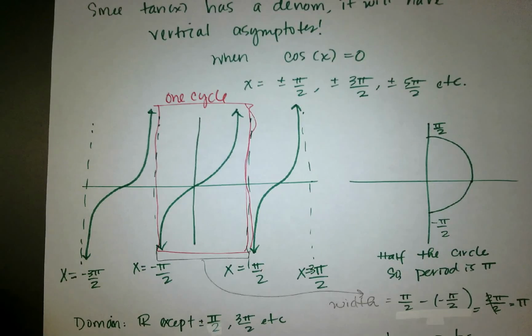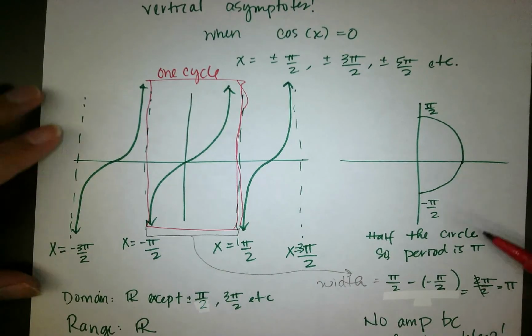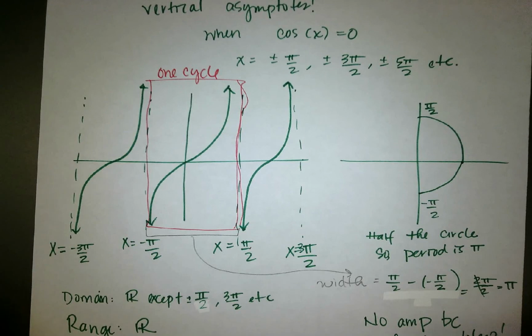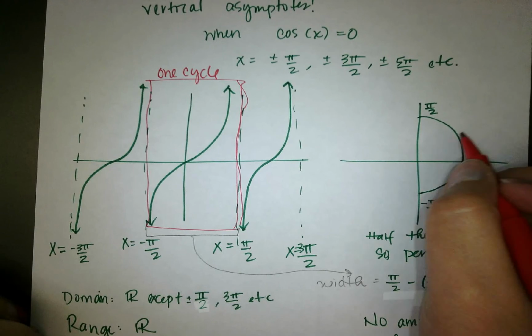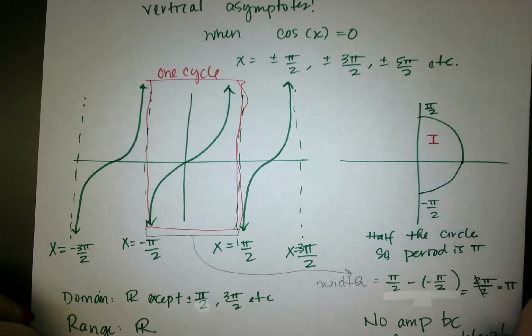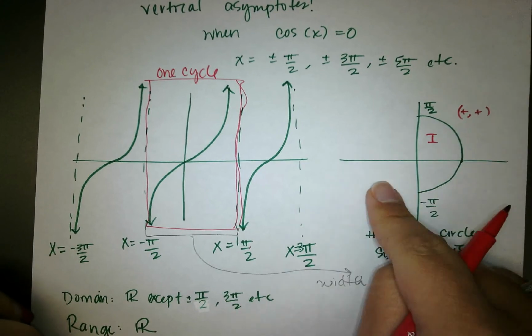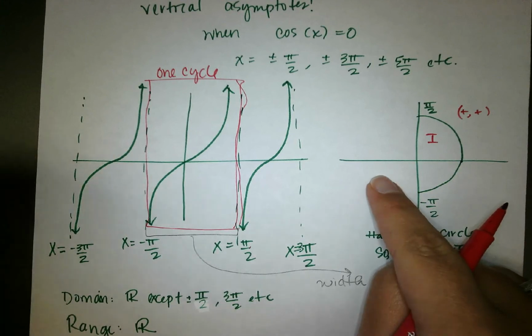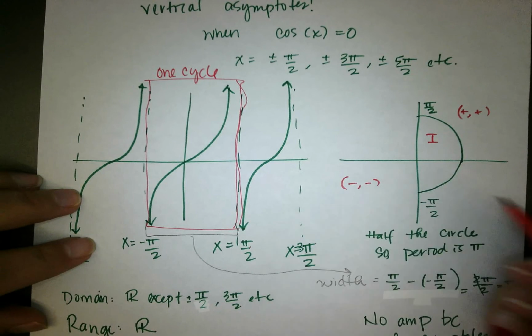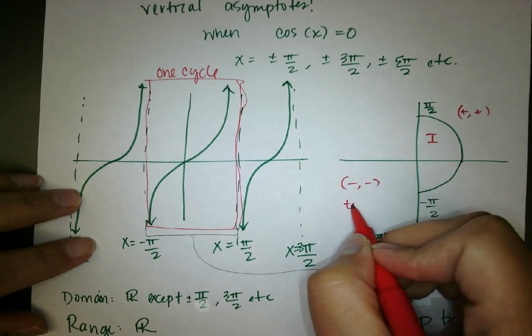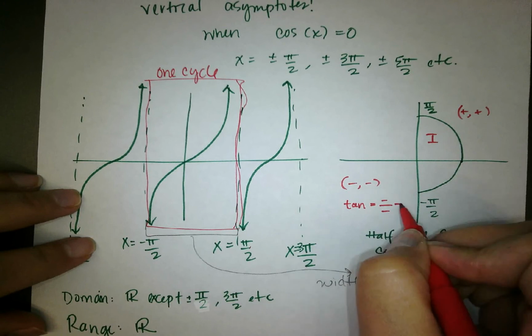Now let's talk about the period of tangent. For sine and cosine, the period is 2 pi. That's the original period. You walk around the circle once and you get all the points. For tangent, you only need to go to quadrant 1, where your signs are positive and positive. If you're in quadrant 3, your signs are negative and negative, but tangent equals positive, because a negative over a negative equals a positive.